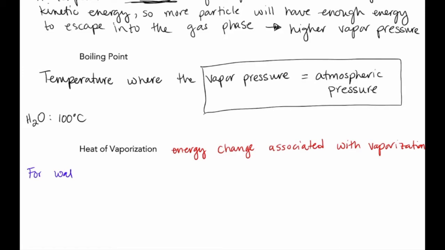For water, we are looking at the transition, H2O liquid to H2O gas. The energy associated, the heat of vaporization, has an interesting term given to it: delta H, triangle H. That means change in energy, where H represents the energy.